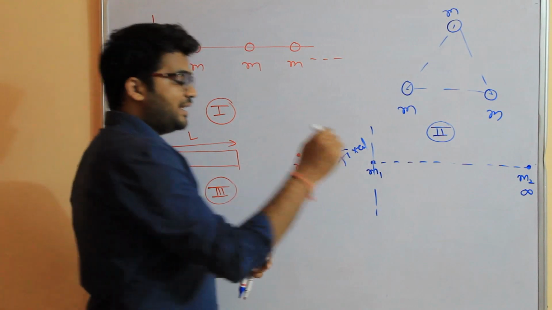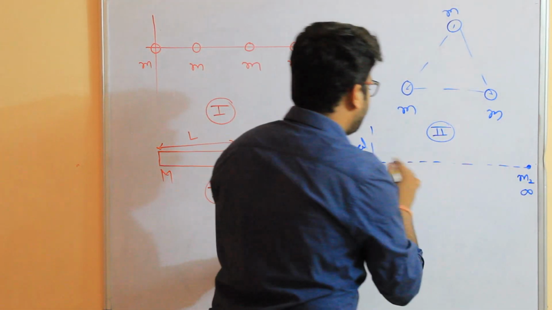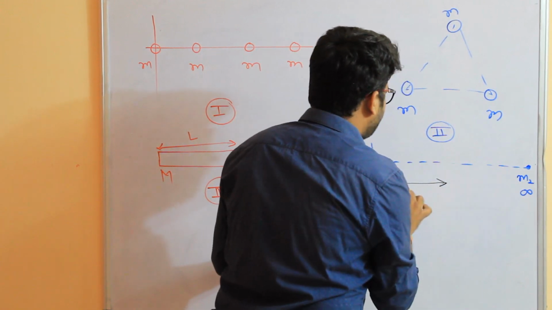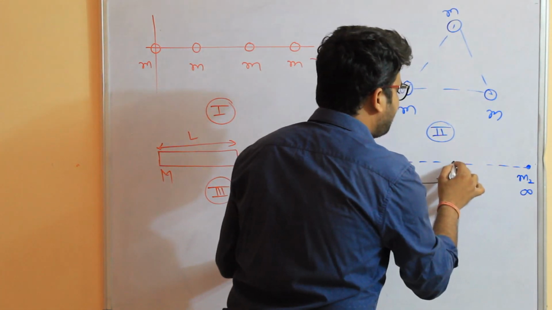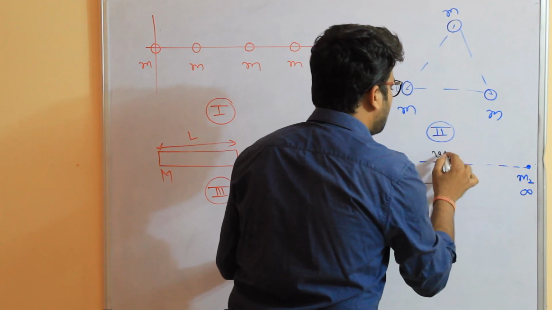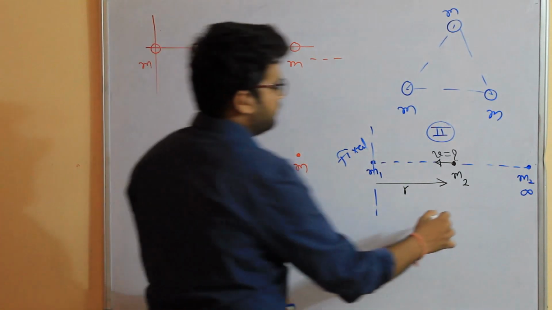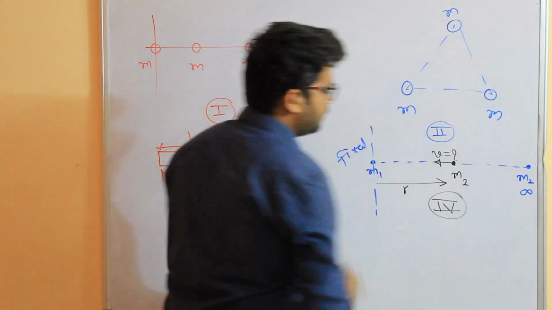Now this m2 will come closer to m1, isn't it? Now when this m2 is at a distance of r, what is the velocity of m2 that we have to find? So this is the fourth model which we have.